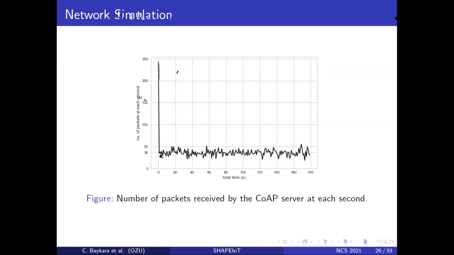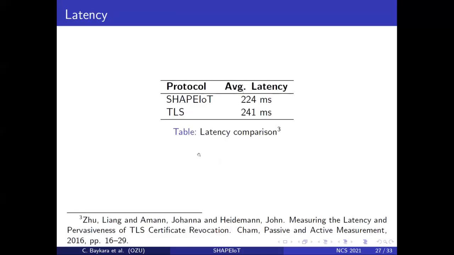After the initial spike, the number of packets sent at each second converges at around 36 packets per second. And this is also due to the fact that our whitelisting policy in our simulation was that we only accepted high complexity IoT devices into our network. So we had 12 high complexity IoT devices, and they all generate on average 3 packets per second, and therefore it converges at around 36 packets sent per second.